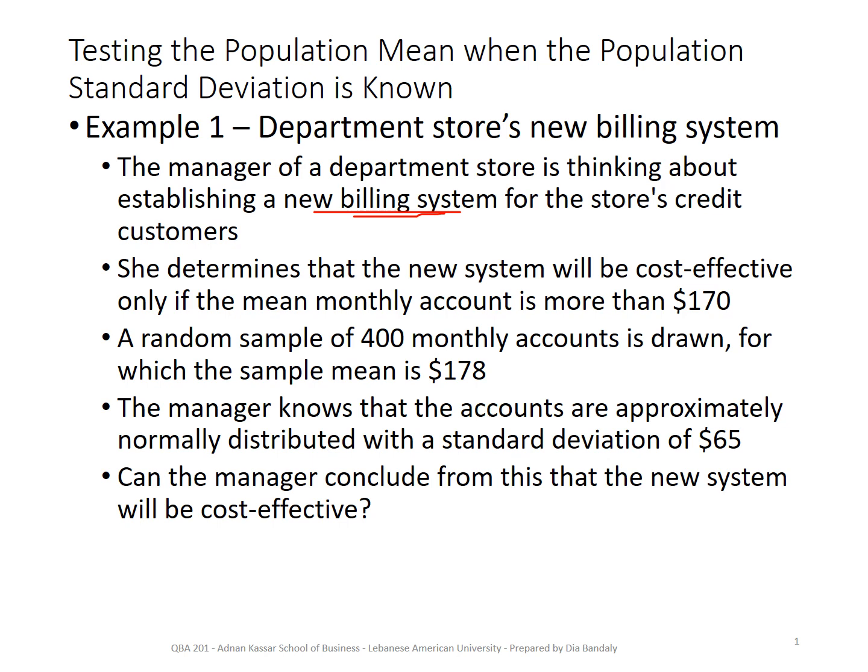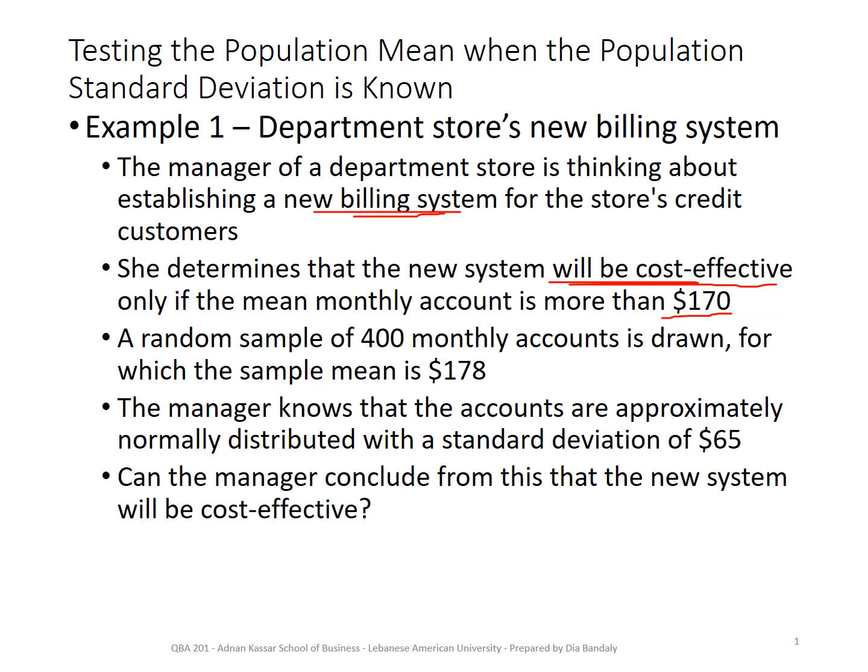Now, the problem with that system is it's costly. However, it will be cost effective only if the mean monthly account is more than $170 for all their customers. So the population mean is greater than 170.